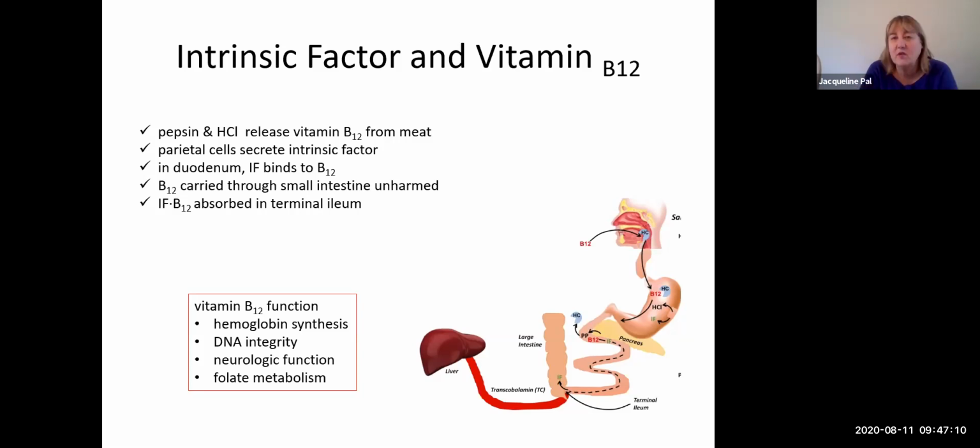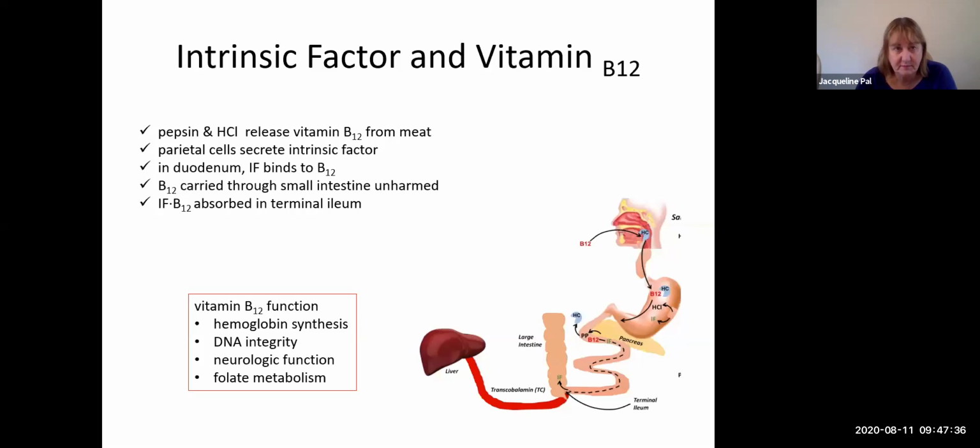So if you're vitamin B12 deficient, you cannot take B12 pills because they will be destroyed as they travel through your small intestine. You would have to have either injections or something you put under the tongue, where it can be absorbed into the bloodstream from your oral cavity. Because if it goes into your intestines, we've got enzymes that are going to break it down before it can be absorbed.